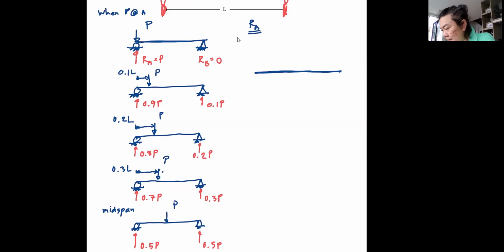So when my P is at 0, my RA is equal to P, right? When I move to location 0.1 L like this, my RA is 0.9 P.